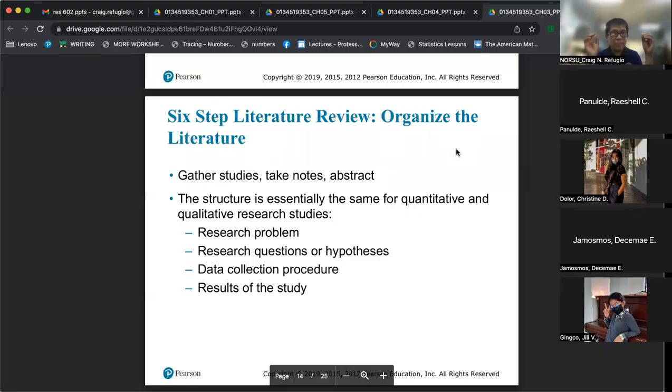Each study being reviewed, each literature being reviewed, must contain research problem, research questions or hypotheses, data collection procedure, research results of the study, the findings of the study, the different research methodology being used, the statistics being used, the conclusion, and then recommendation. So all of those must be found in your summary.